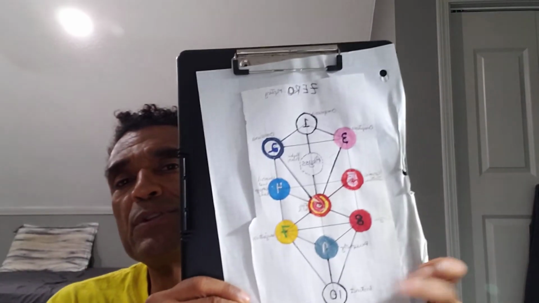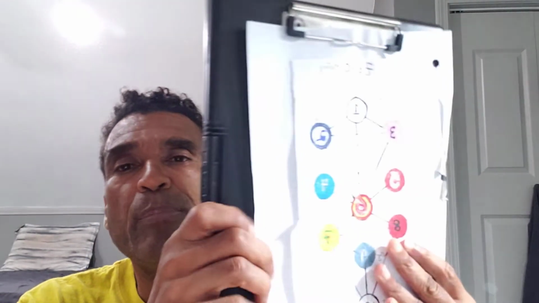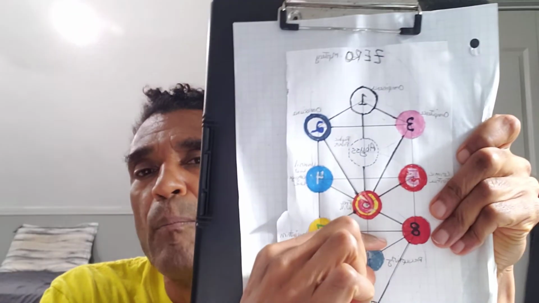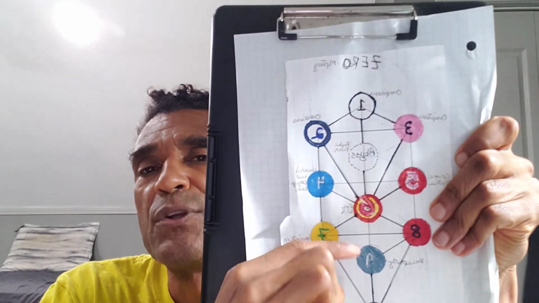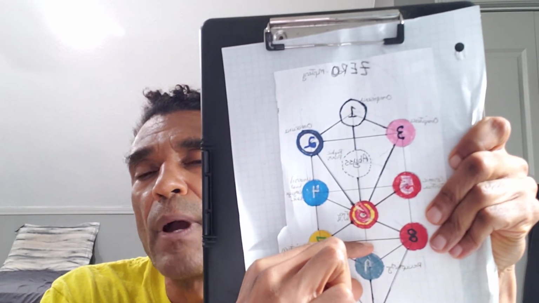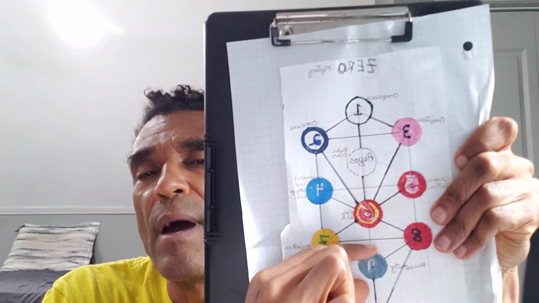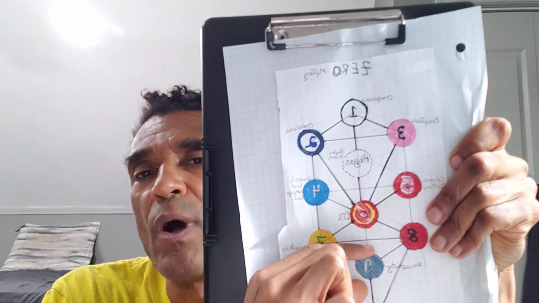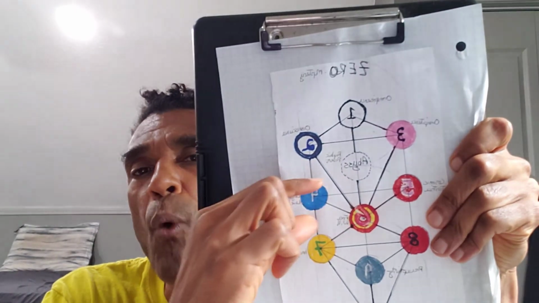Okay, so those are the 12 basic macro components of the tree of life. Now, to get to the 144, you basically just take the whole tree and you boil it down to the size of one circle, and then you apply it to this one circle, apply it to all 12.